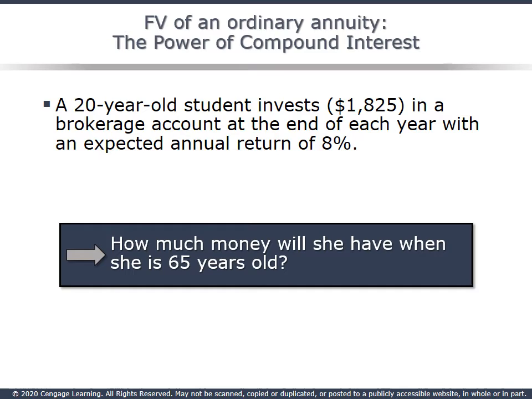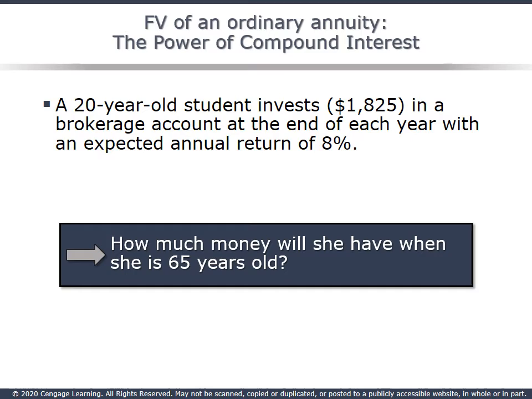Okay? So we know what the payment is, what that annuity payment is. It's $1,825. We know the interest rate, it's 8%. We're solving for the future value. That's what we're computing. There is no present value.